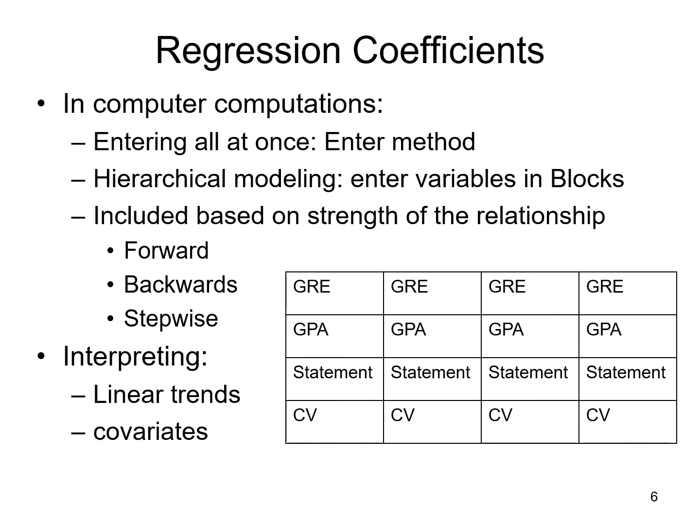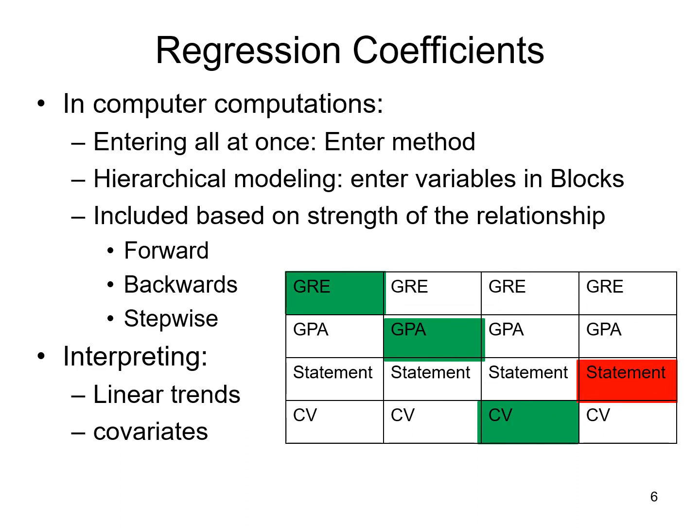Now, when we're looking at this, there are differences. If we enter all at once, we're using the enter method. If we're using a hierarchical model, we can enter variables in blocks. And if we're using the backwards, forwards, or statistical techniques of stepwise, all three of these are going to look at variance differently. For example, if we're looking at GRE, GPA, your statement and CV on graduate GPA, if I look at the enter method, I may find that these three are significant and statement is not.